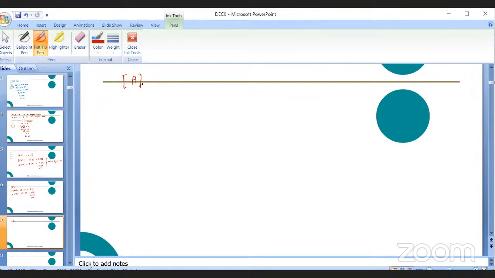If matrix A is of order 3 by 3, then K into A transpose, if you find the determinant, it will be K cube into determinant of A transpose. That is K cube into determinant of A. So, when you have 2 into A transpose, it will be equal to 2 cube into determinant of A transpose.